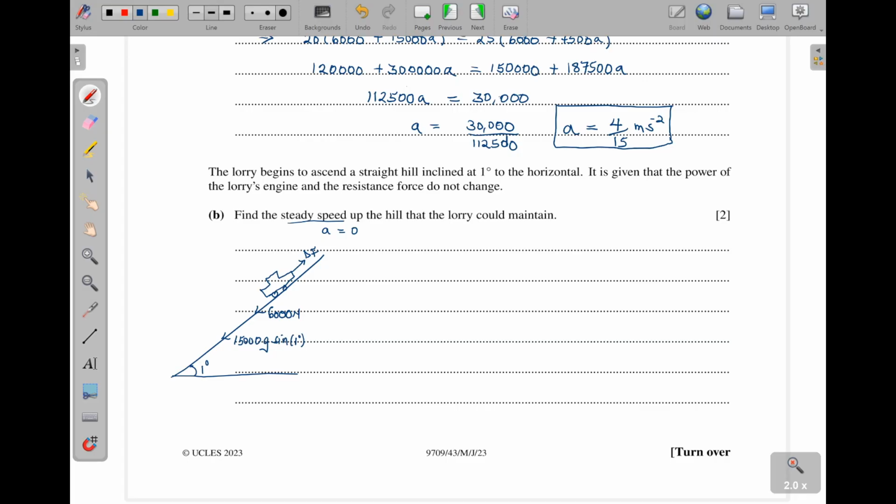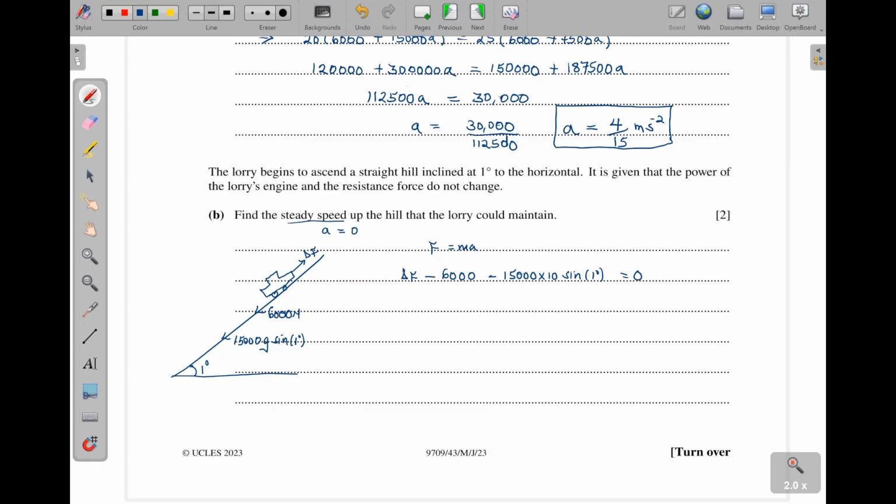So for steady speed, acceleration is equal to 0. Now using F equals ma, we shall get the driving force minus the resistance force, which is 6,000, then minus also 15,000 times 10, which is the g, and then sine of 1. Remember, this one is in degrees. It is a very small angle, so make sure that your calculator is in degrees.